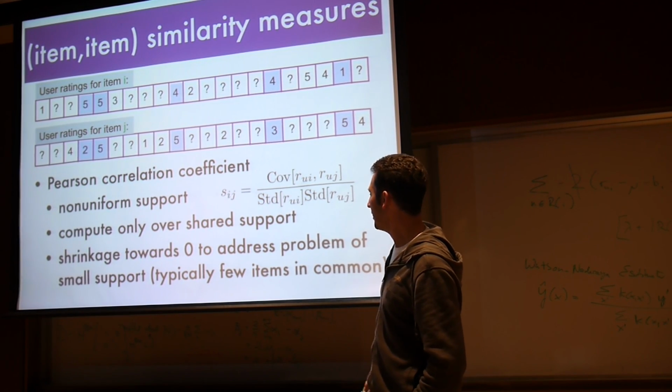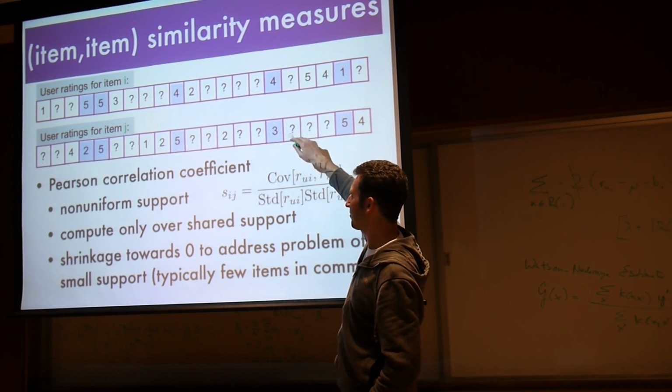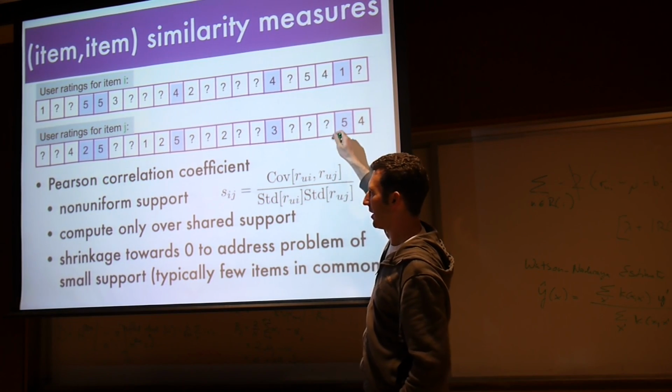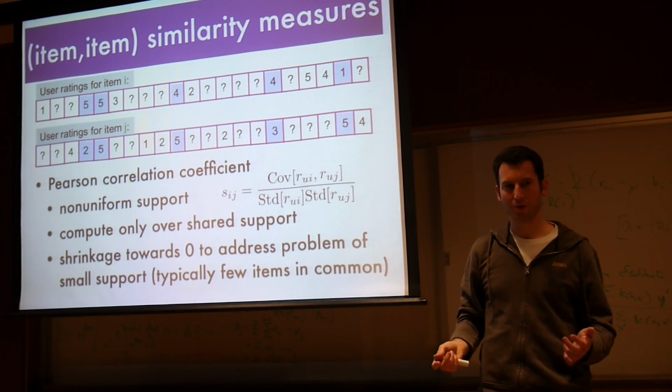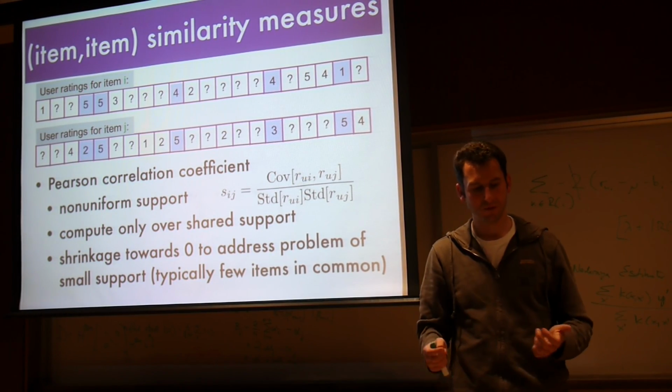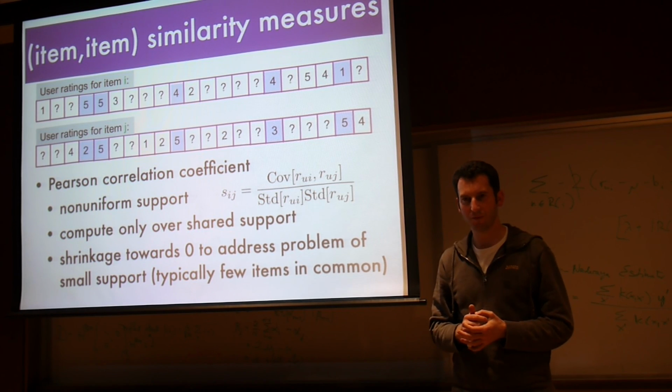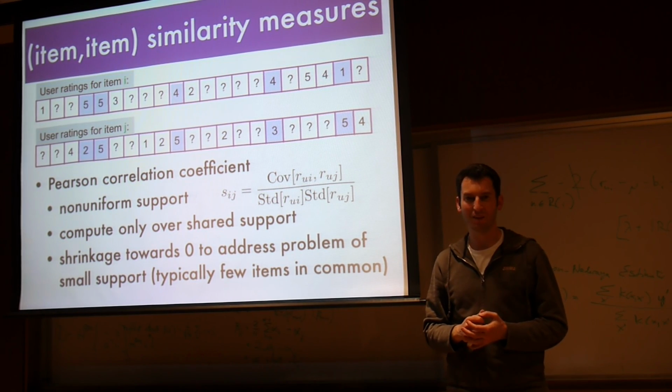Now, the issue, however, is that the support may actually be quite small. First of all, you need to really intersect on the users who've watched both movies. And if there are only 2-3 users who watched both of them, then you're in a lot of trouble.